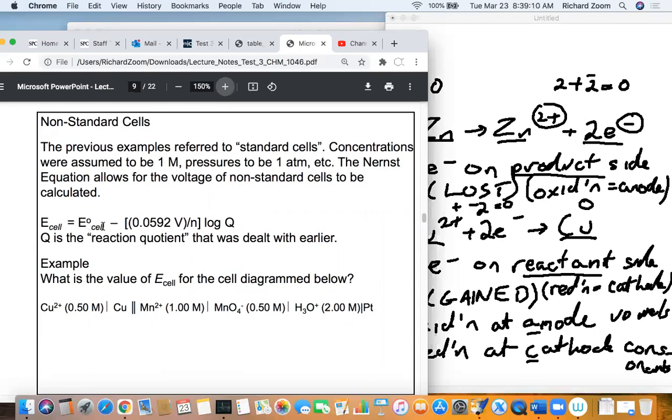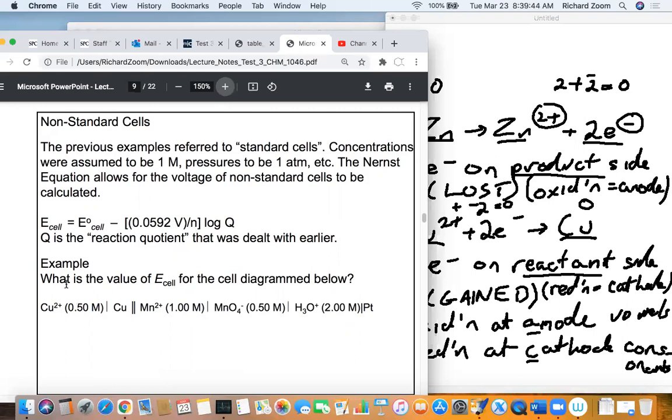And then that's going to be E naught cell minus 0.0592 volts divided by N, where N is the number of electrons transferred, times the log of Q. And Q is the reaction quotient. And we dealt with the reaction quotient back in test 1. If you remember what the reaction quotient was, it was like the equilibrium constant, except that it was taken when the reaction was not at equilibrium. And we'll go through how we use Q here in the Nernst equation.